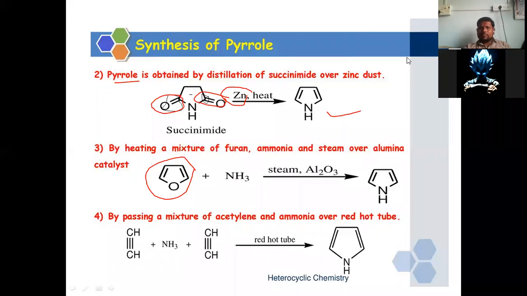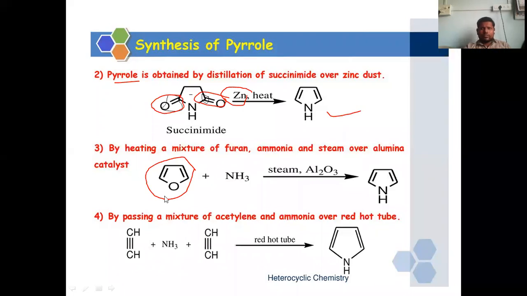When furan reacts with NH3, ammonia, which is a base, it takes this oxygen with the help of these two hydrogens, with loss of an H2 molecule, and this NH inserts in between these carbons. So that furan is converted into the pyrrole.